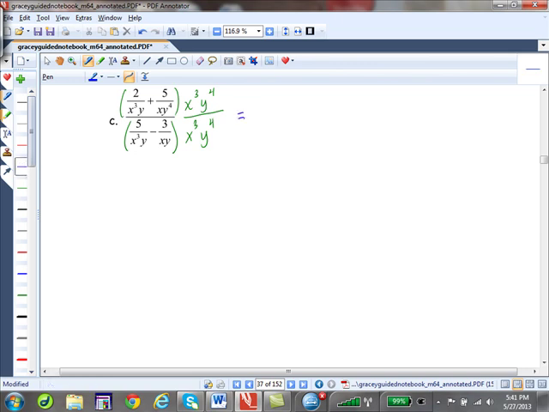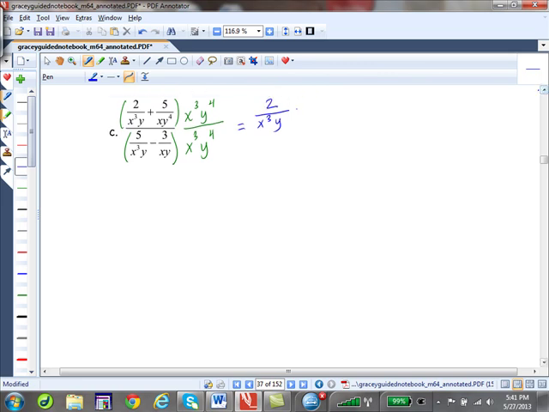So then we will have 2 over x cubed y times x cubed y to the fourth, plus 5 over xy to the fourth times x cubed y to the fourth.